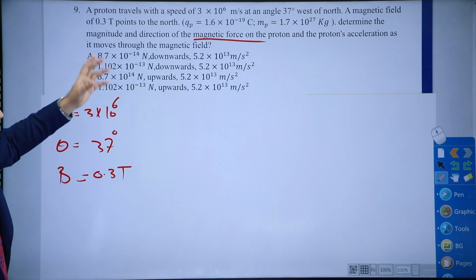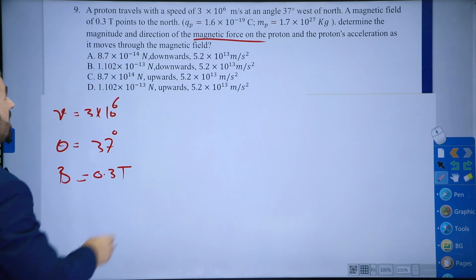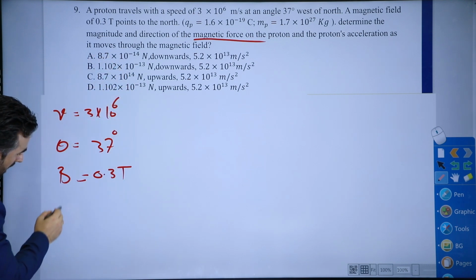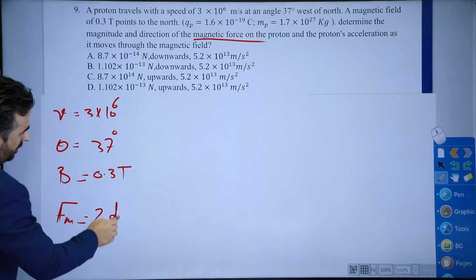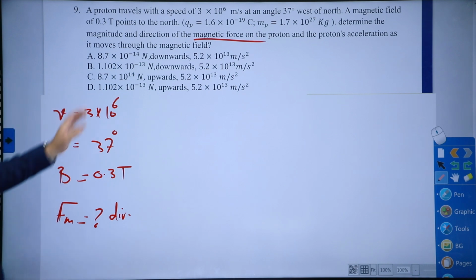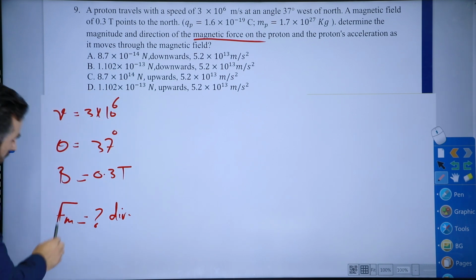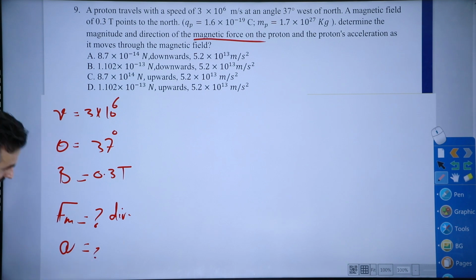This is the charge of a proton, and the mass of a proton. The first part is to determine the magnitude and direction of the magnetic force. The second part is to find the proton's acceleration.